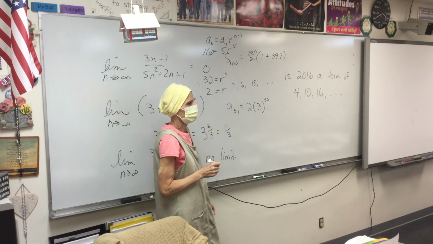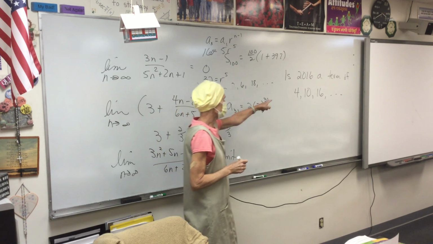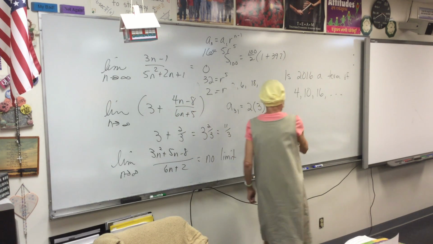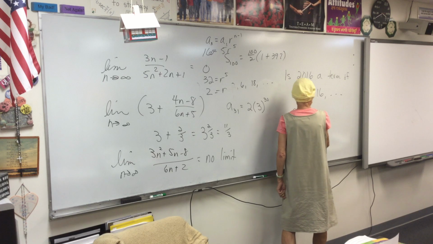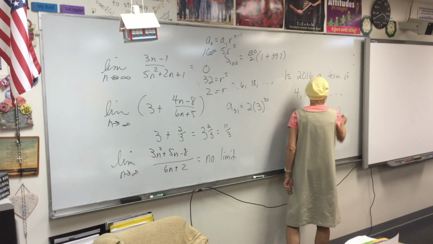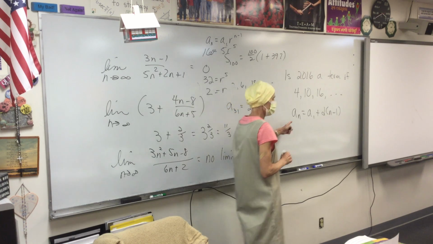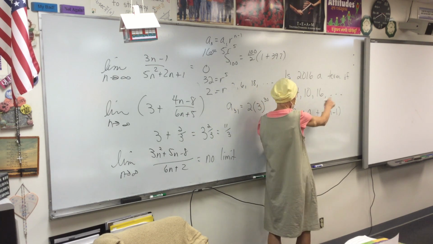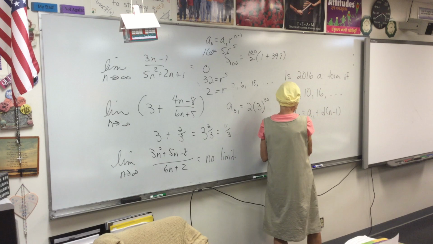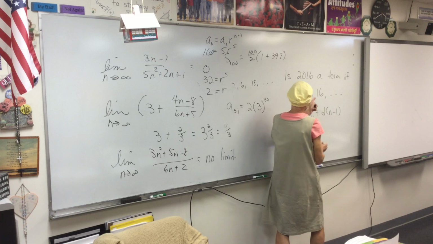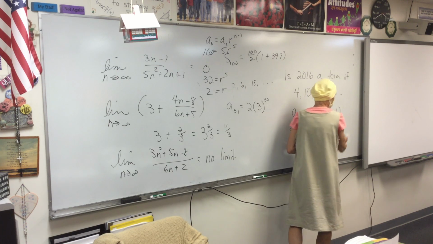Let's think about that for a minute. First of all, what kind of a sequence is that? It's arithmetic. So the term formula would be this. 2016 would have to be the n term, right? And that would be 4 plus 6 times n minus 1.